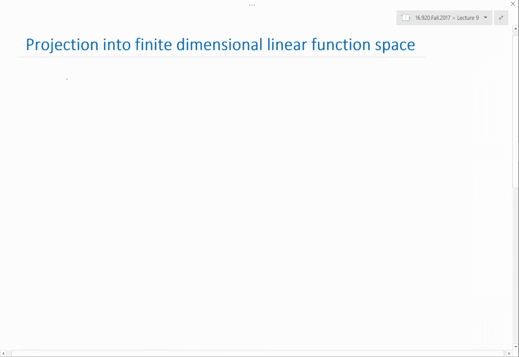So f can be represented as, let's say, i goes from 1 to n of a_i times h_i, where h_1 to h_n are the basis. They're the basis. Okay.